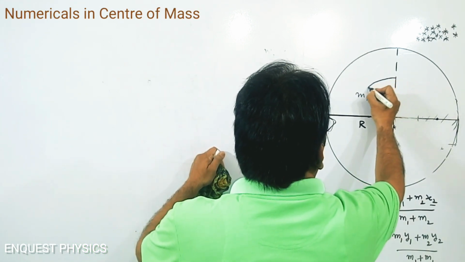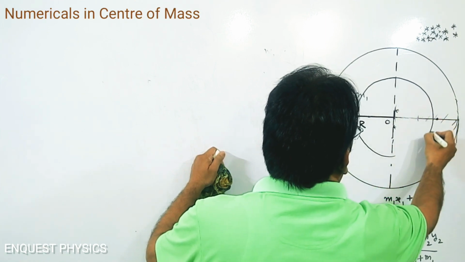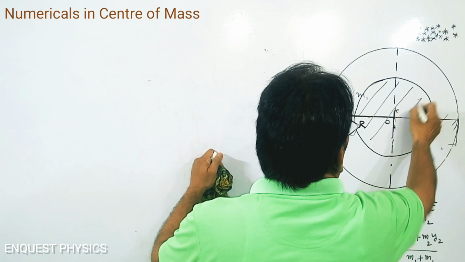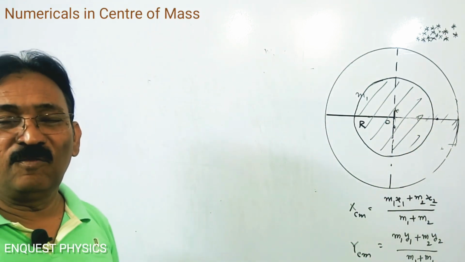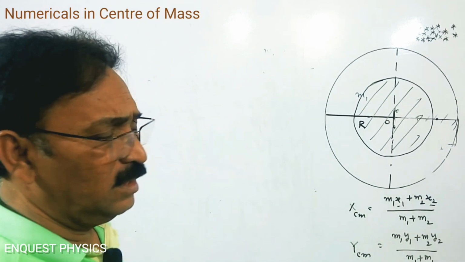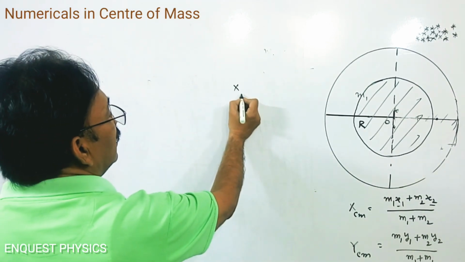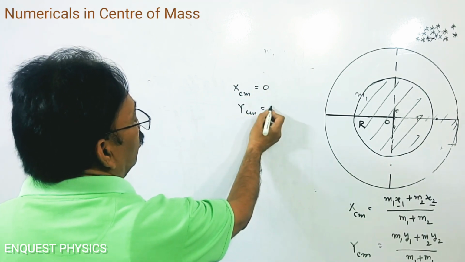Another plate is removed from its center exactly. This is the removed part. Then what would be the shift in center of mass? There is no shift in center of mass. The coordinates of center of mass are xcm equal to 0 and ycm equal to 0.